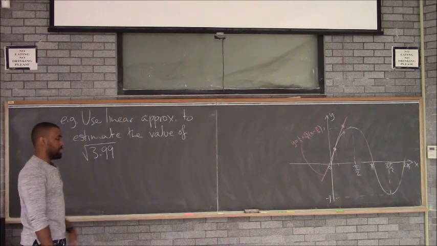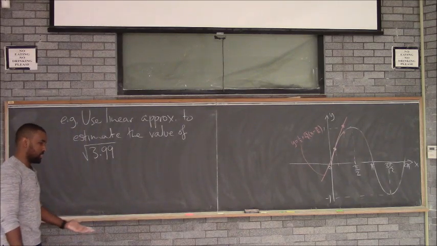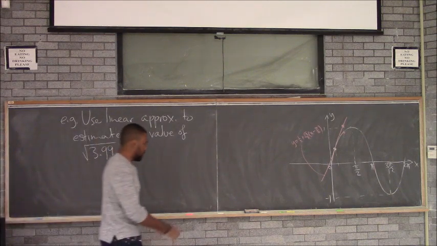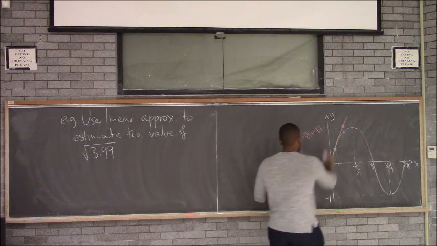Now, applying this idea to doing that is kind of like using a nuclear warhead to kill a fly, I understand, but it's just going to illustrate the point to you. And yes, you could plug that in your calculator, but you're not allowed to use calculators in this class.